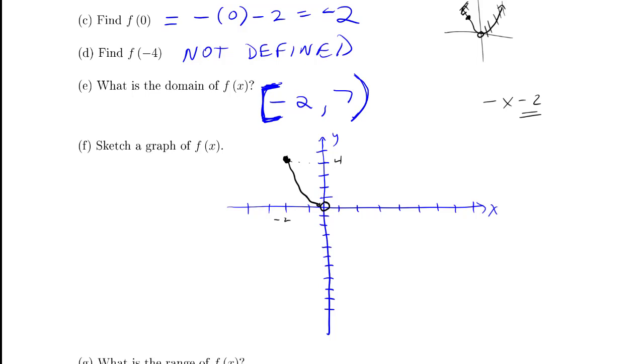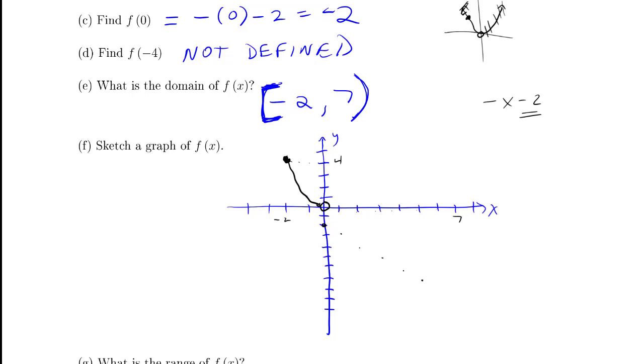So that would say -2 as a y-intercept, and then I'd keep doing a slope of -1, so down 1 over 1, down 1 over 1, down 1 over 1, and going all the way, and we're going to go out to 7. So 1, 2, 3, 4, 5, 6, 7.